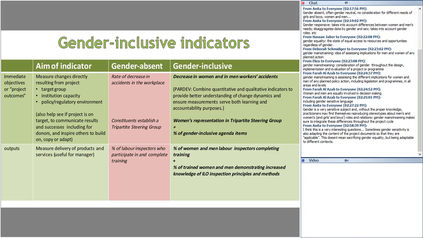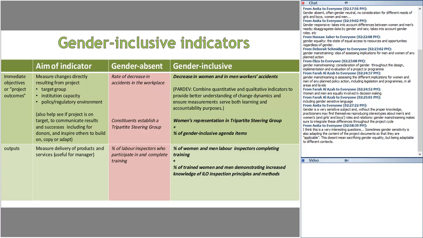So I've taken guidance from the excellent Pardev information brochures, and if you look on the Pardev internet site, you can find these. I have used them to inform this slide, and I've created some simple examples.